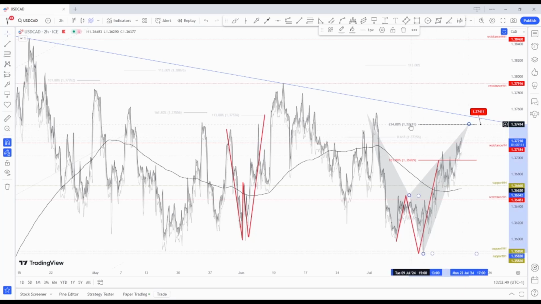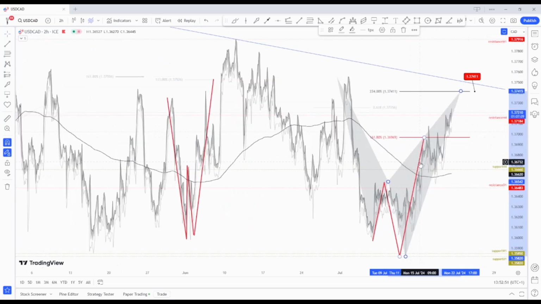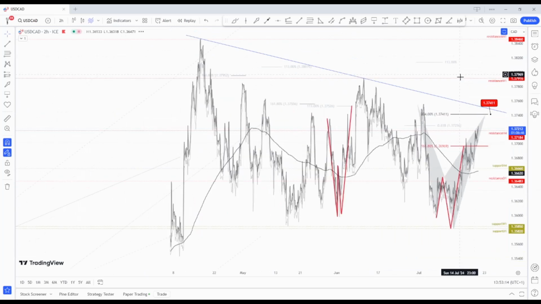We have patterns at 137.41. Basically the same pattern completed at the golden Fibonacci extension level 136.96, the 161.8% Fibonacci level, which forced a pullback or a retracement. A bearish shark pattern extended to the 224% Fibonacci extension level 137.41. That's the completion point of that pattern.